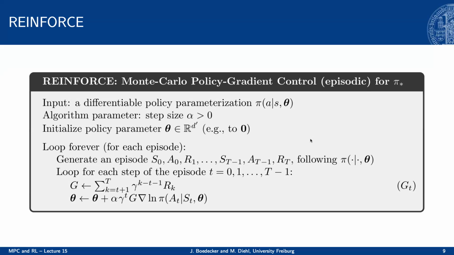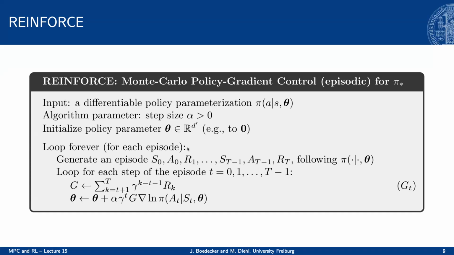Okay, but it's a rather simple algorithm that you can implement. You see the pseudocode here, it's rather short. So you have a parameterized policy, pi of A given S and parameters theta. Here again, I have a step size parameter, and you just initialize your policy parameters, for instance, to 0, to some arbitrary values.